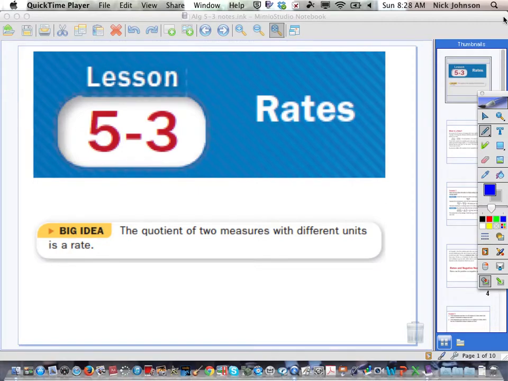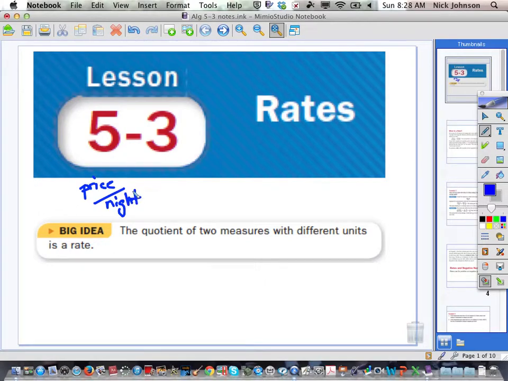Today we're going to talk about Lesson 5-3, rates. The big idea is the quotient of two measures with different units is a rate. For instance, price per night is a rate.